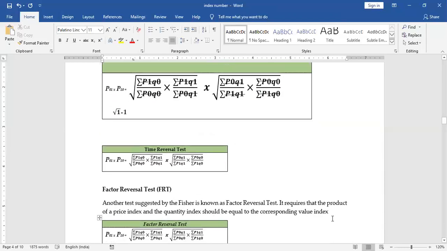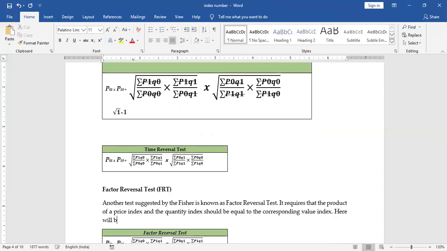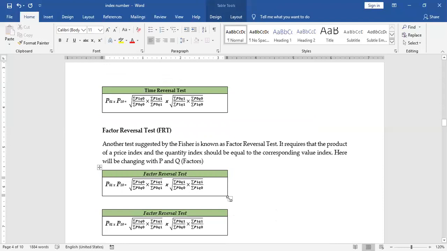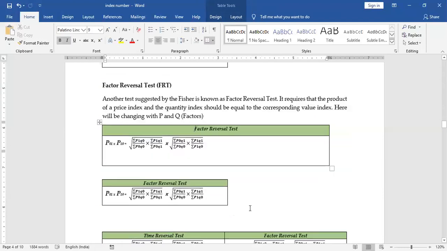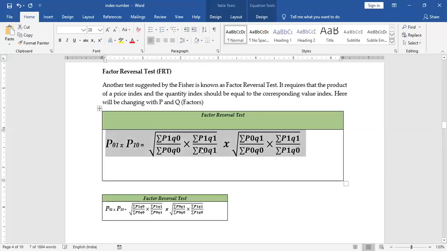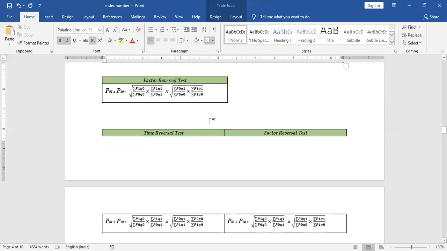Here we will be changing with P and Q, which means factors. Please try to understand.